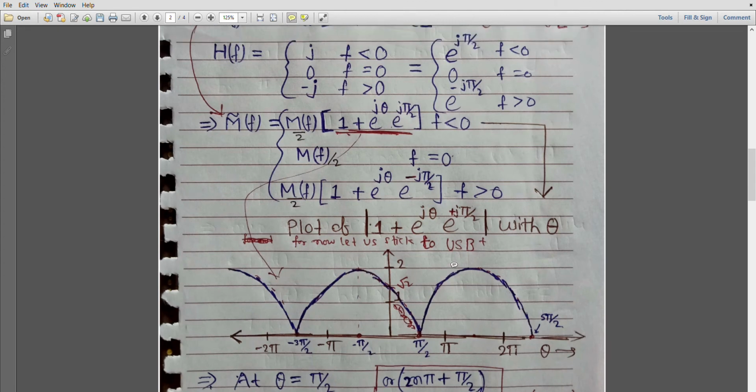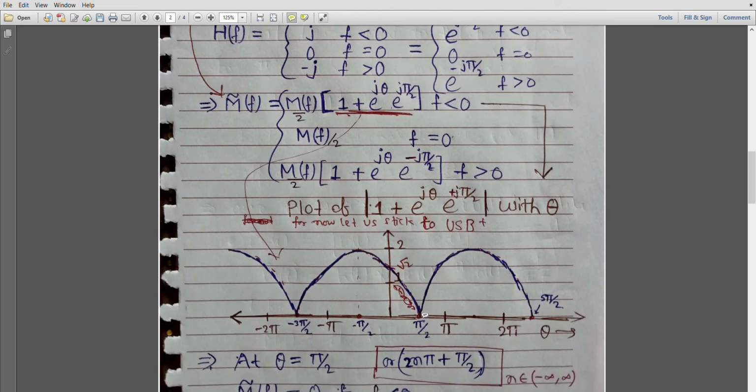Here is a plot of the magnitude of 1 plus e to the power j theta into e to the power j pi by 2 with theta. Here we notice that exactly at pi by 2, our function, which is the mod of 1 plus e to the power j theta e to the power j pi by 2, will vanish.